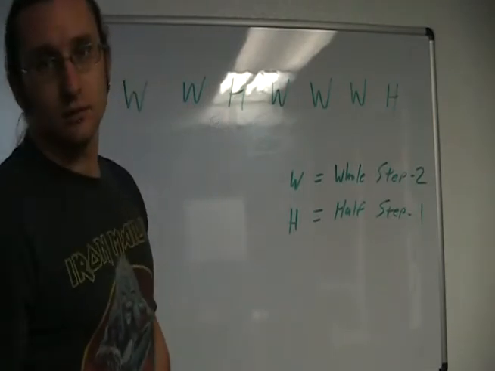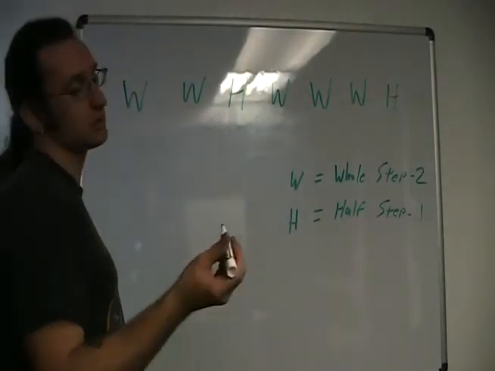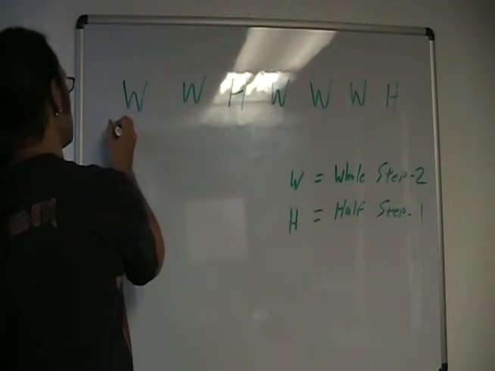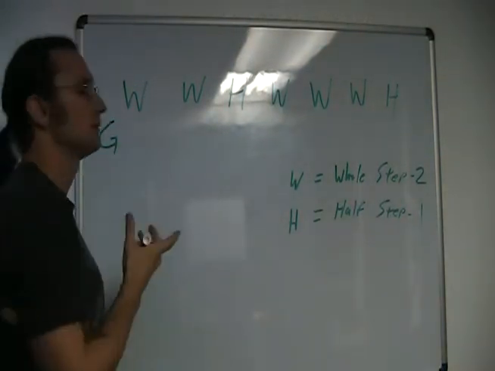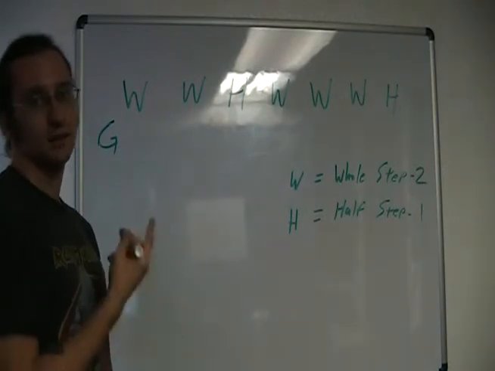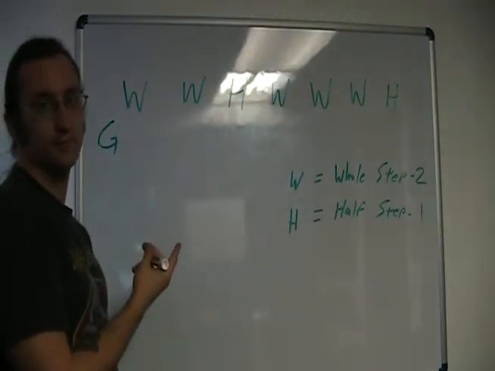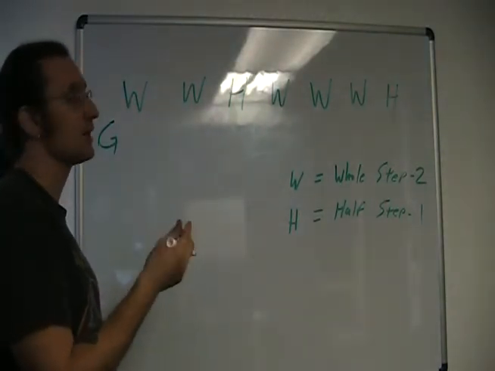So next, I'm going to do the key of G. So we start with a G, and now I'm going to apply the major scale formula and see what happens.